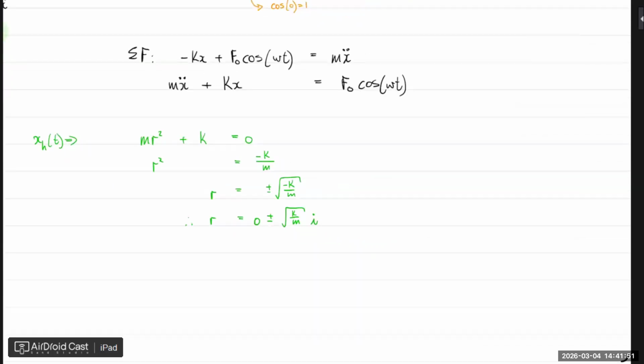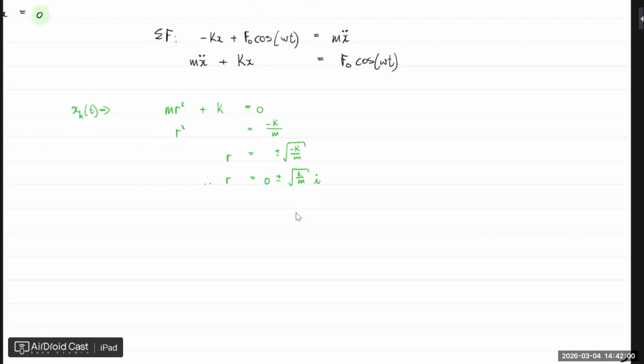And just like you've studied in the maths, the moment you have a complex number as your solution, you know the complementary solution, or in this case, the homogeneous solution, will then be e to the power of that alpha.